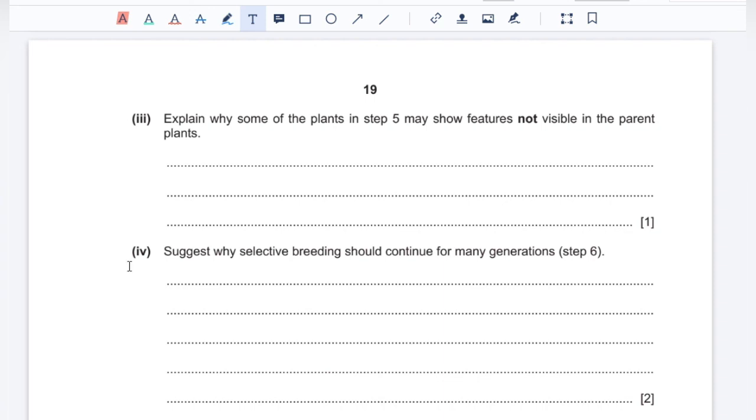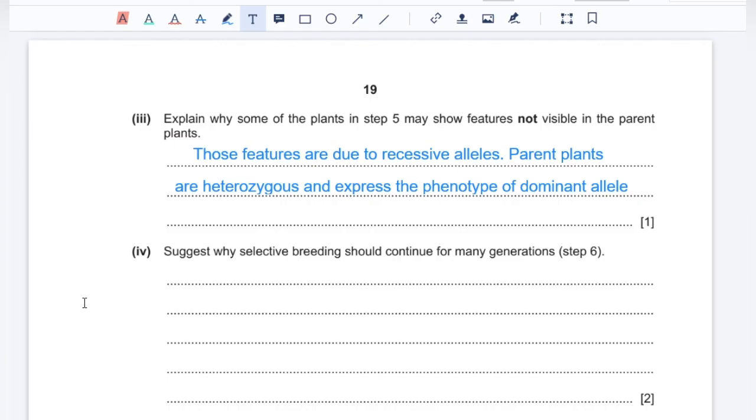The genes in the plants are inherited from the parents, and if a certain characteristic of offspring is not visible in the parents, that means the parents could have been heterozygous, and the feature which is now visible in the offspring is caused by a recessive allele. So recessive alleles have combined from both of the heterozygous parents and resulted in this homozygous offspring plant, which carries both recessive alleles.